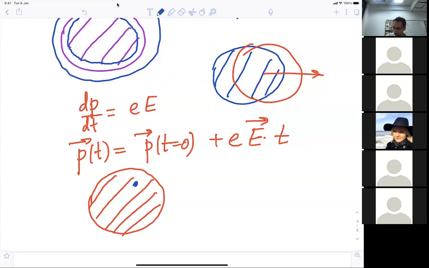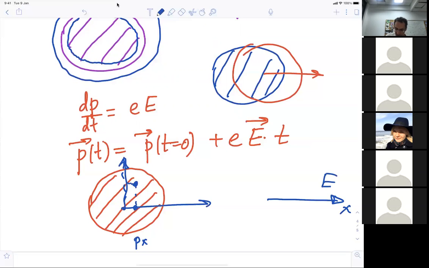And let's point the electric field in this direction and call this direction X. Then the momentum of the blue dot has two components. This is Px and this is Py. Okay, this is X and Y.